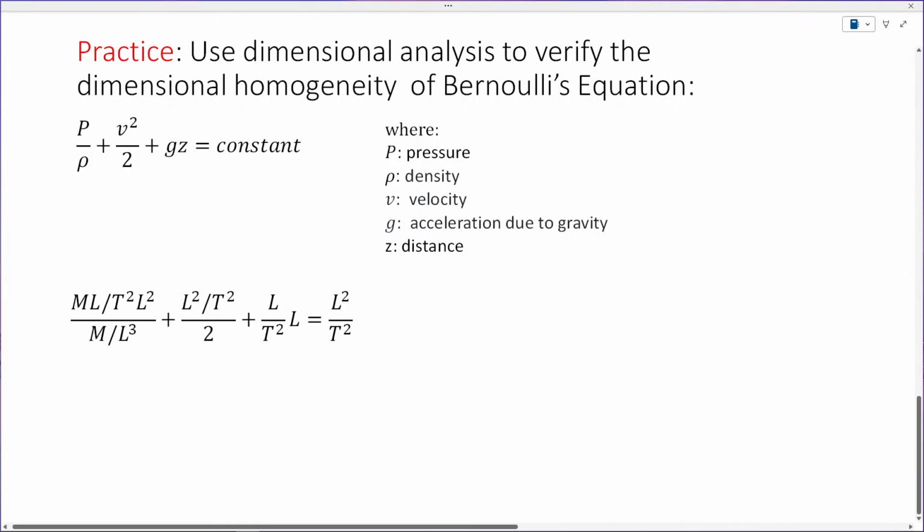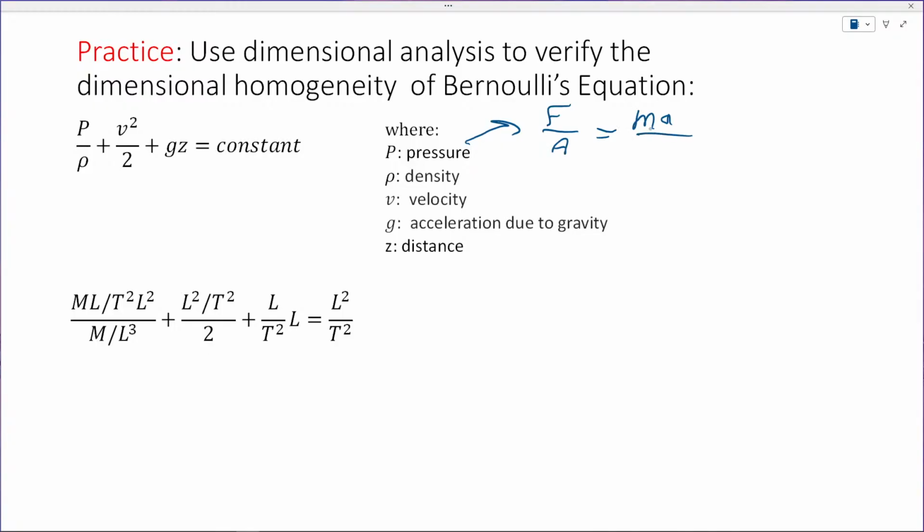The second problem, I think this is the Bernoulli's equation. So let's do it here. Do you remember pressure? Pressure is always force over area, and force is mass times acceleration, so that has the unit of M L T minus 2, over L square. So one of the L's can go away.